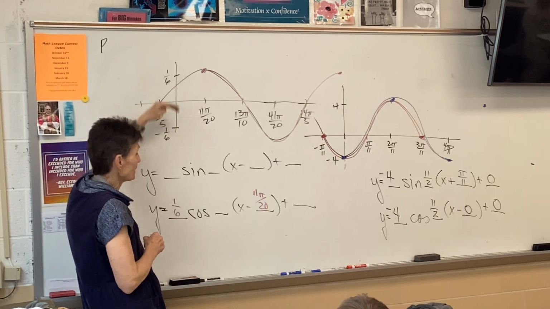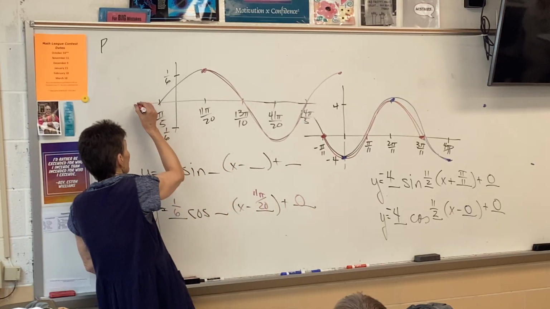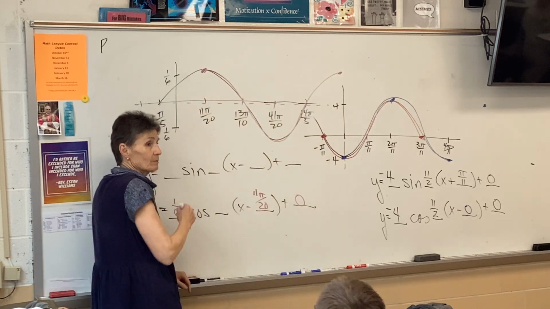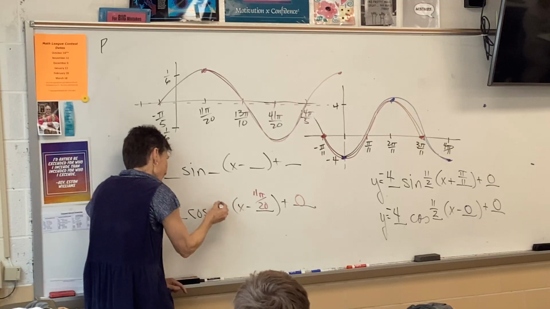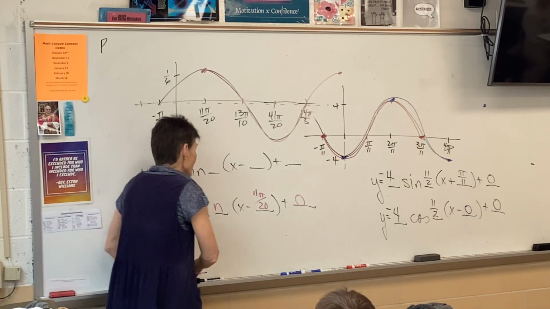I appear to have no vertical shift again. And if there's going to be a vertical shift, this will not be your axis. It will be moved up or down. The only thing I'm missing is that problematic period number. So what do I remember?